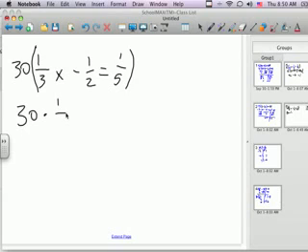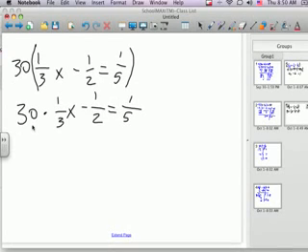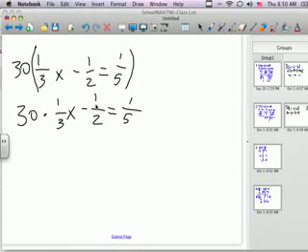The only problem about doing this technique is if you've got some really large denominators, then you're in for a lot of multiplying. But you know what? If you have a calculator, that's not really that much of a problem. Whoops, I forgot to write my multiplication.